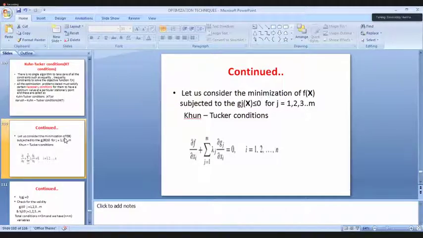Now, this is the condition that you need to know. See now, dou f by dou xi, or sometimes they say z; in some textbooks they denote it as z, but I want to follow the same convention. Dou f by dou xi plus summation j equal to 1 to m of lambda j dou gj by dou xi equal to 0. This you know from the Lagrange multiplier; it is the same thing, correct?